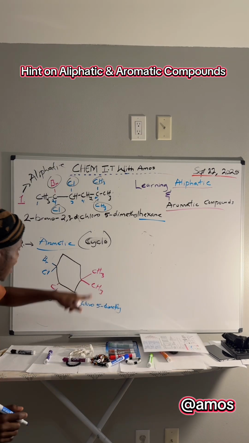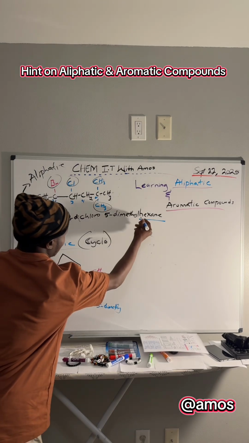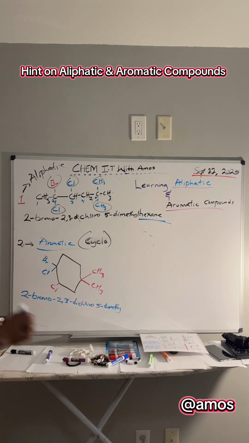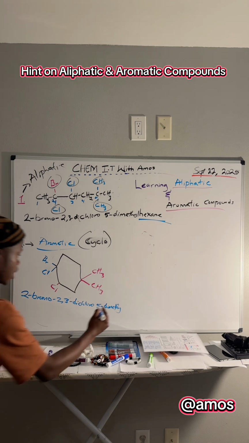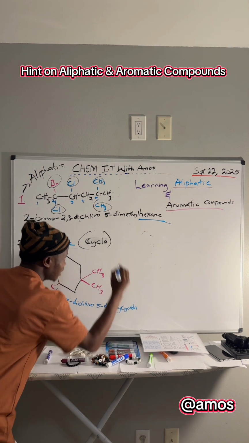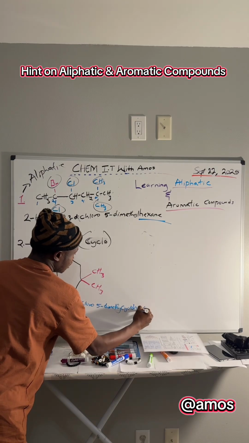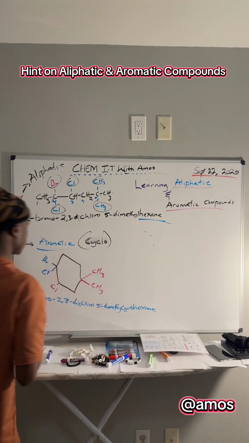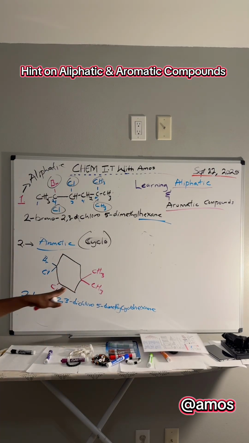We should add cyclo to this parent name now, making it cyclohexane. So this becomes the name of this particular structure. So we name them differently based on how they appear.